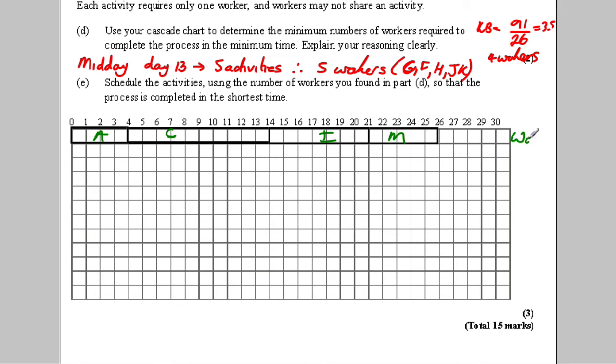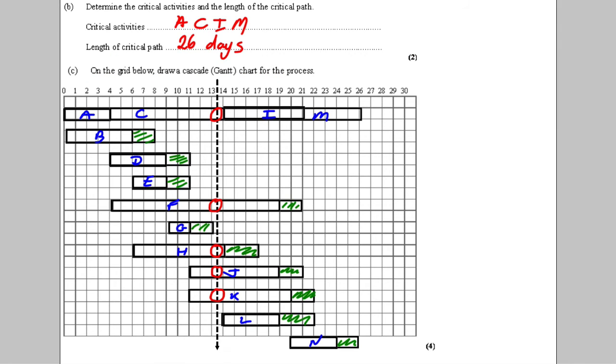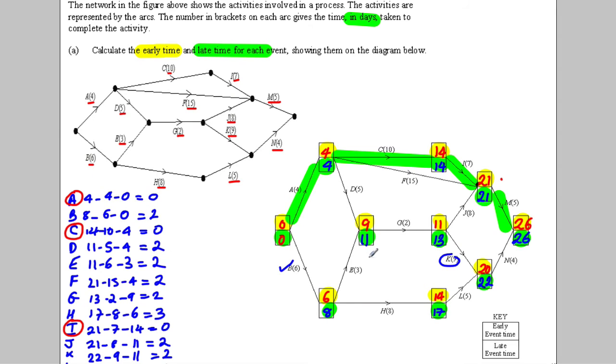That was worker 1. Looking back here, I could have B starting there, and then D. There's no harm in that. Could I have B and then D happening after it? Yeah, absolutely.